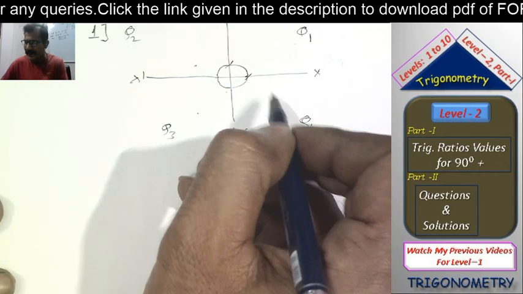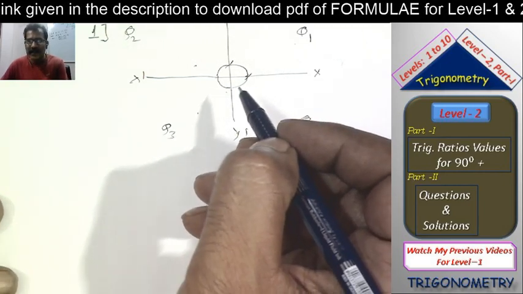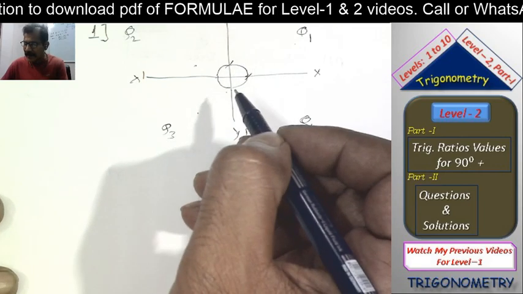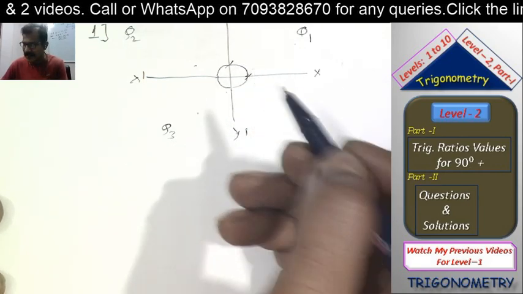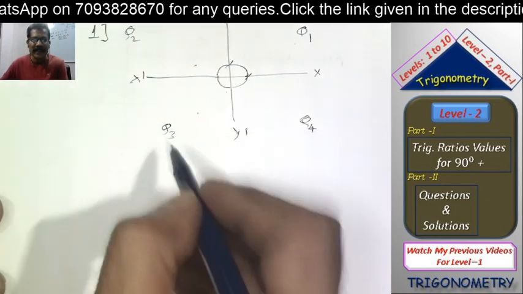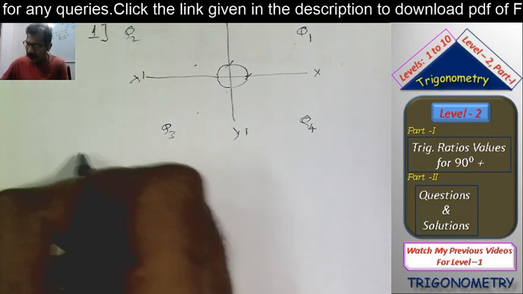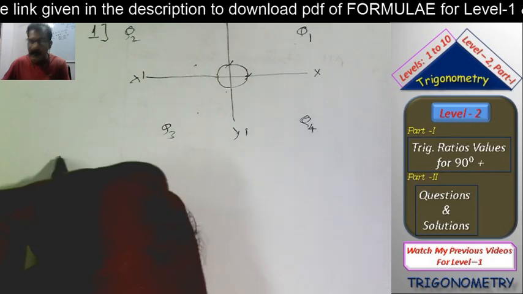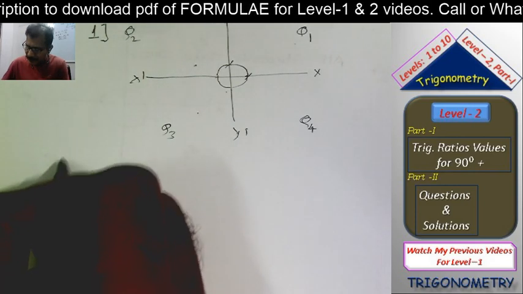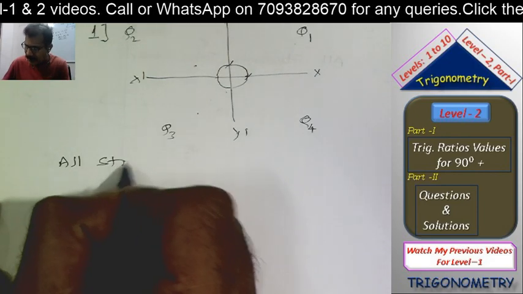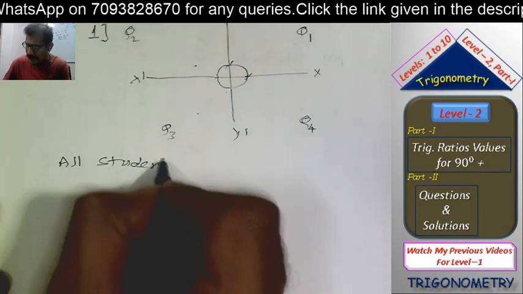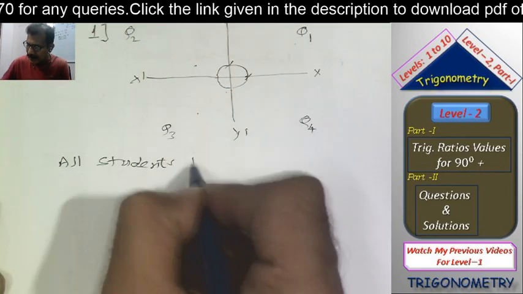It's like that. Then all the 6 ratios are present in every quadrant, but according to quadrant the sign of the ratio will be changing. To understand easily, you remember this statement, which is called the positive statement. We take all students take coffee.